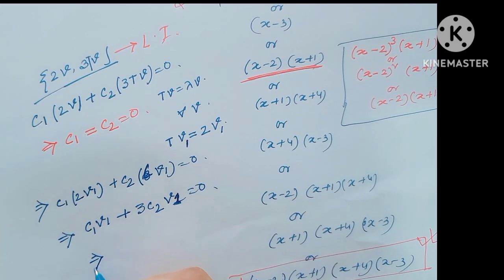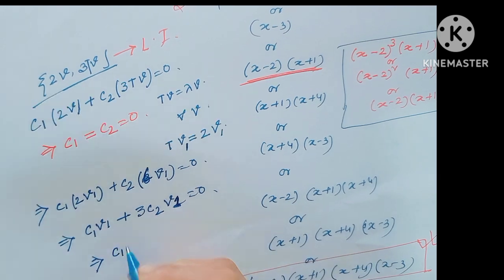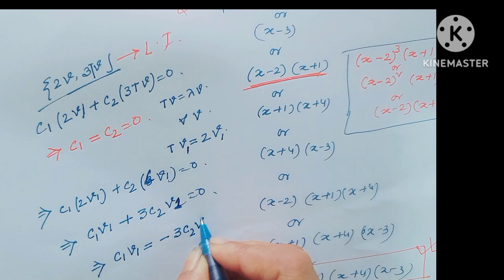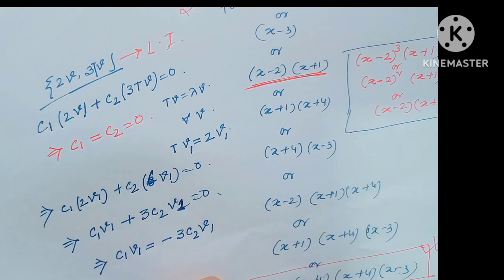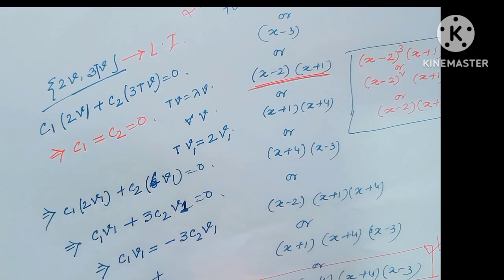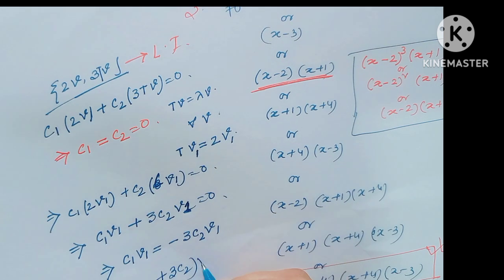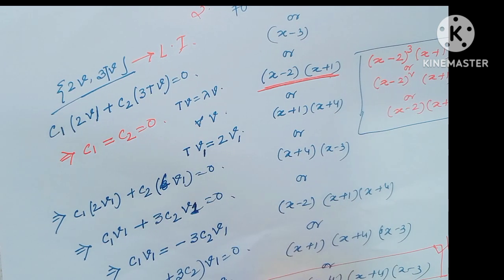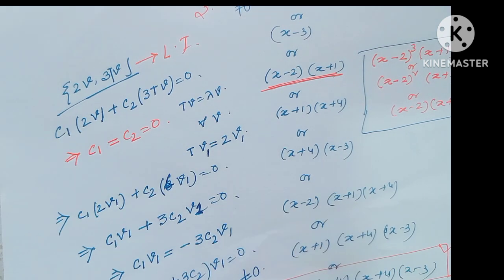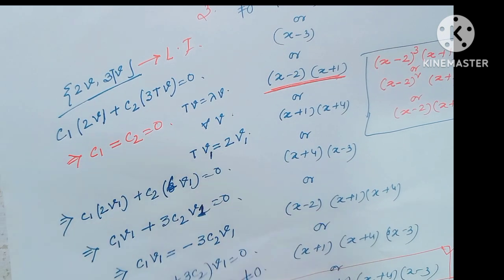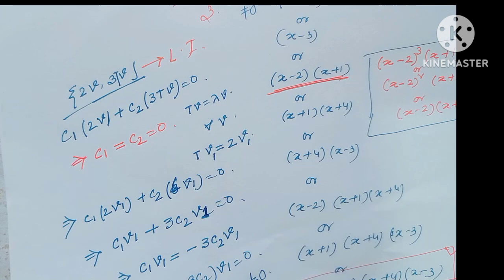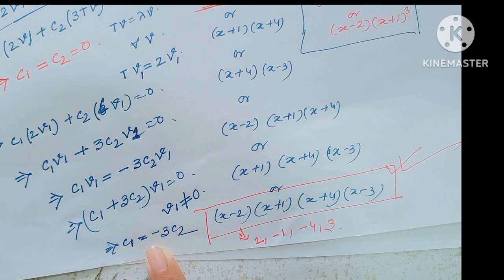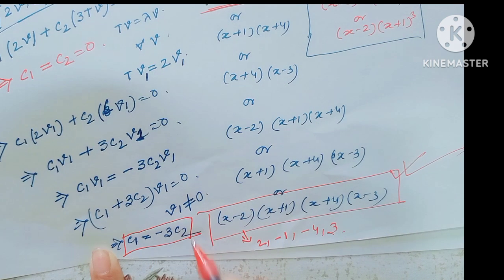That implies c1 v1 equal to minus 3c2 v1, or we can write this as c1 plus 3c2 times v1 equal to 0. And since v1 is a non-zero eigenvector, v1 is not equal to 0. That implies c1 equal to minus 3c2. By this expression, we cannot tell c1, c2 equal to 0.